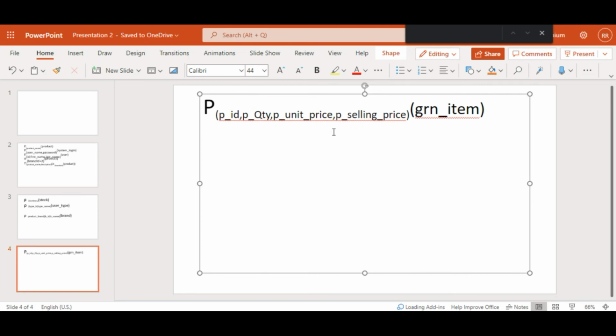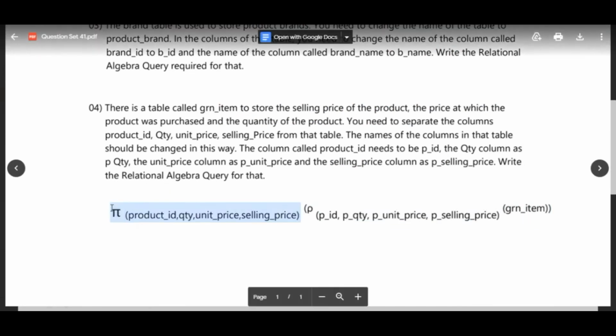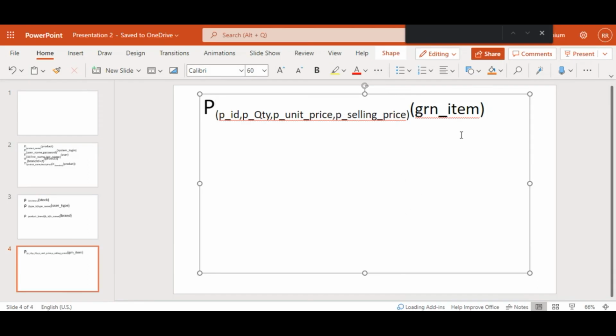Okay, so now we have renamed the GRN item table columns. And now we can move on to the projection operation. Basically a projection will get the column names. So by the operator, now we have to mention which columns we need.